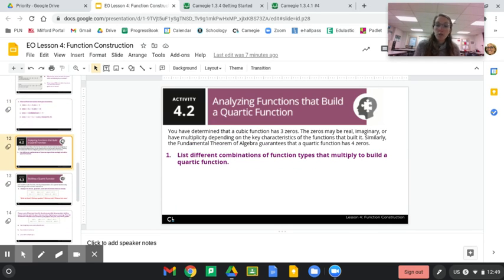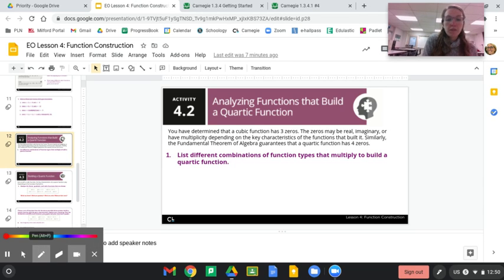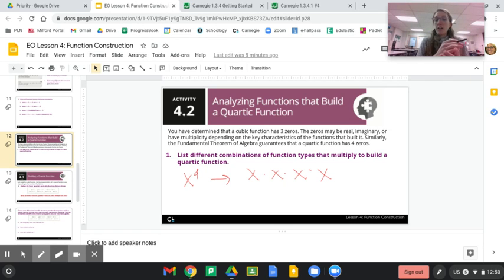So 4-2 gives you time to think about the different types of combinations you could have for a quartic function. So quartic, remember, is x to the 4th power, meaning in order to get to that, we have to multiply 4 x's together. So you could do that in the sense of 4 linear factors, x times x times x times x.